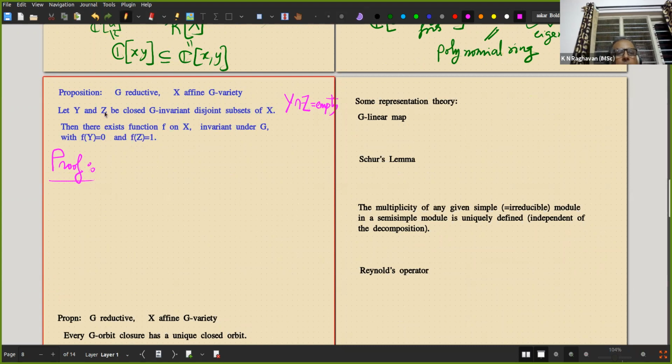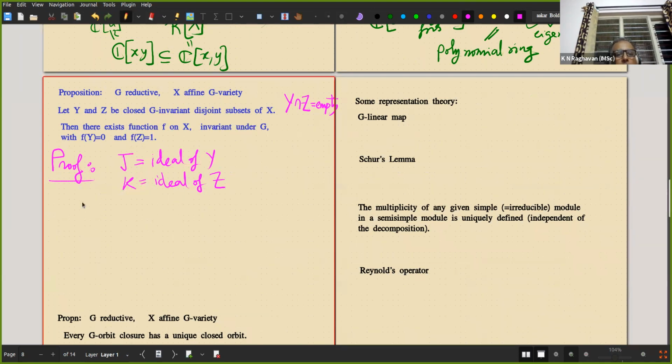If Y and Z are closed disjoint subsets of X, let's write J equal to the ideal of Y and K equal to the ideal of Z. By that I mean all functions on X which when restricted to Y vanish. That's J. And K is all functions on X which when restricted to Z vanish.